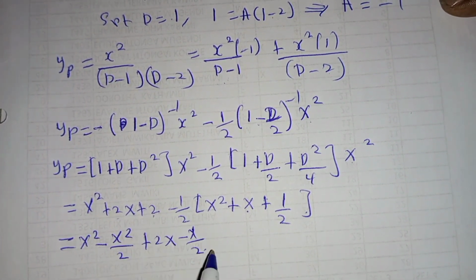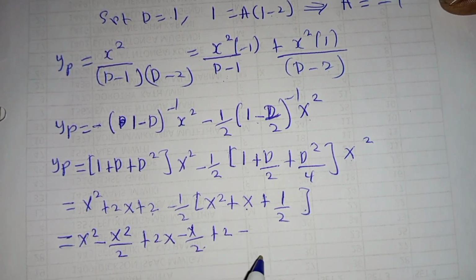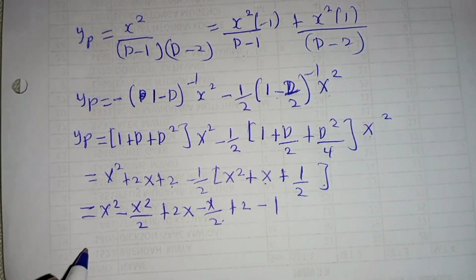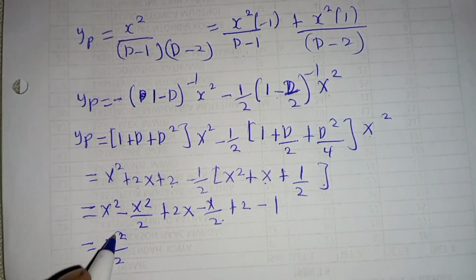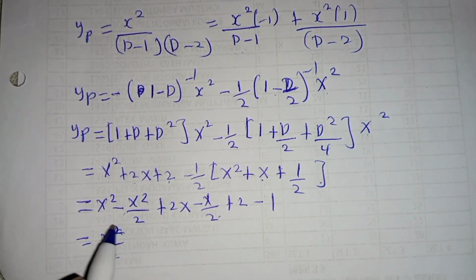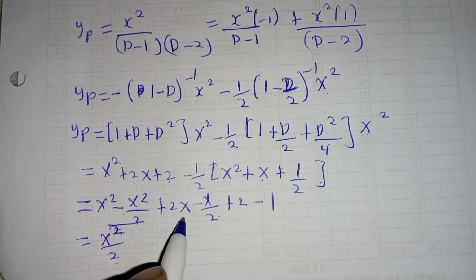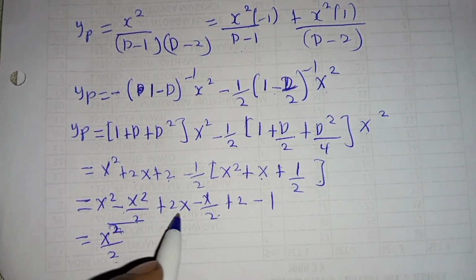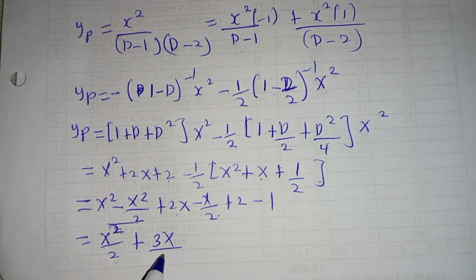Then you have plus 2 minus 1, which you will simplify. This gives you x squared over 2, and this one gives you x over 2. Here you have 4 minus x, which will give you plus 3x over 2.